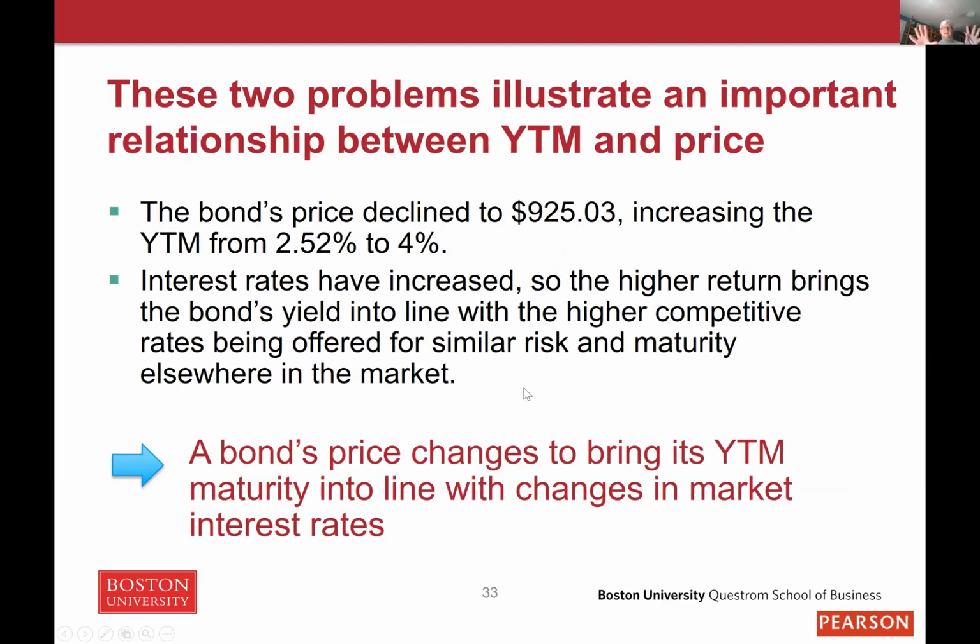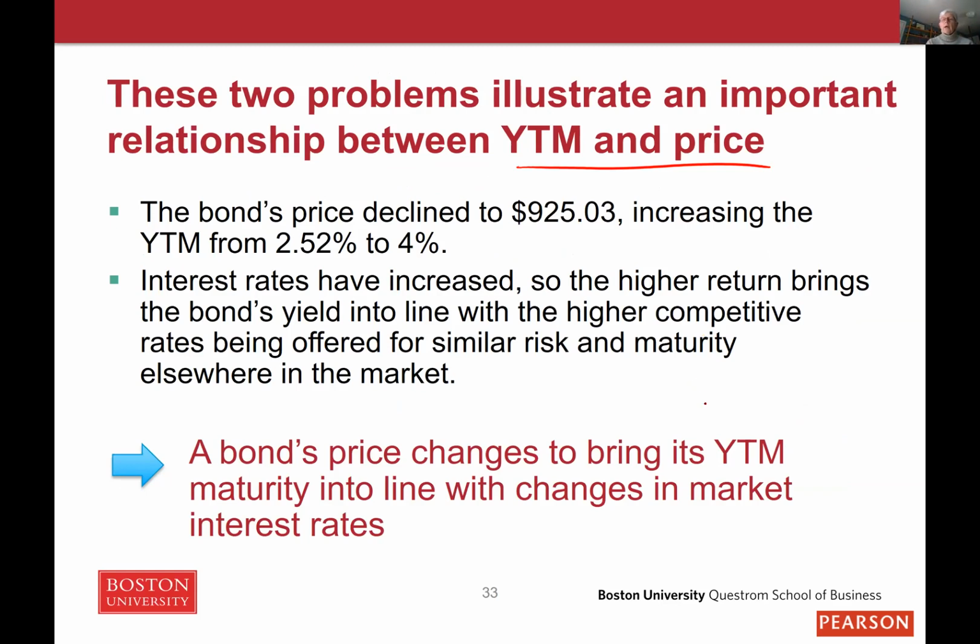So this is the slide that brings us back to that first slide, this relationship between the yield to maturity and the price. I told you I was going to do that kindergarten thing with you where I said 1, 2, 4, what's the biggest number? And then I put them in the denominator and said, what's the smallest number? I said I'm going to keep coming back to that. So here we are again.